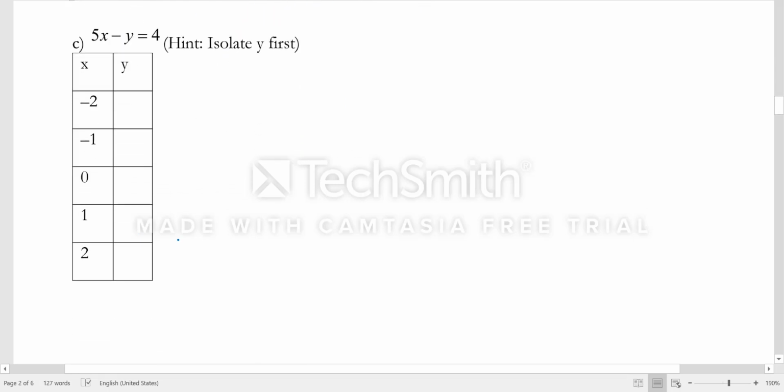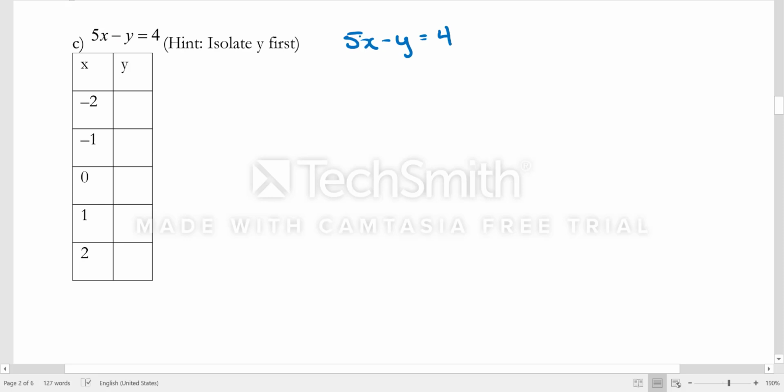In the next one, to be able to do this, you can't really substitute your value into your equation, because then you still have an x value on this side. So it's easier to isolate your y value first. So just on the side, 5x minus y equals 4. In every other question that we've had, the y value is positive.